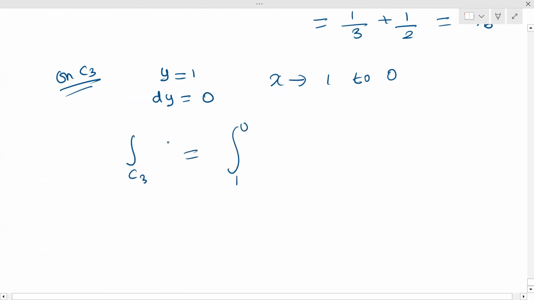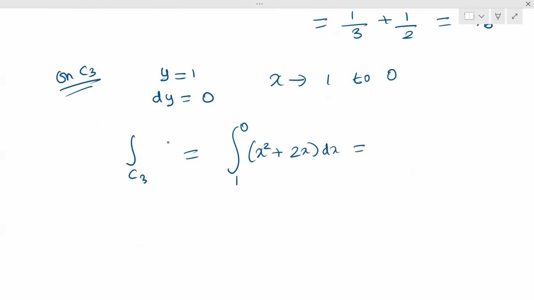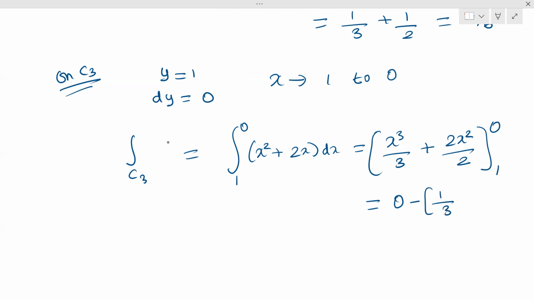Limit is x from 1 to 0, x square plus 2x dx. So when we apply the upper limit 0, lower limit 1, we get minus (1 by 3 plus 1), which is equal to minus 4 upon 3.